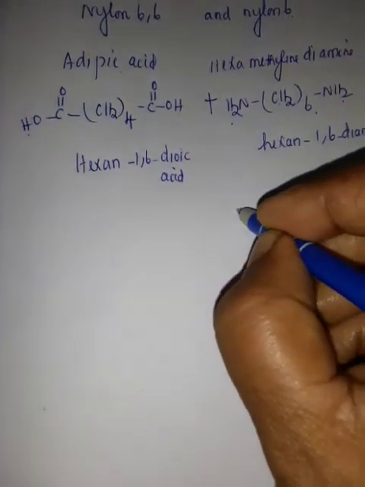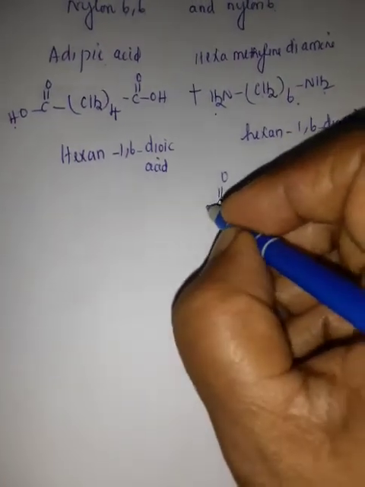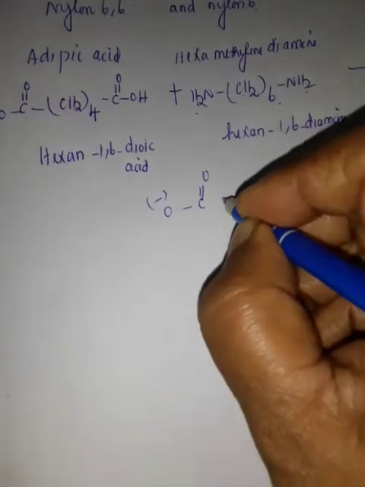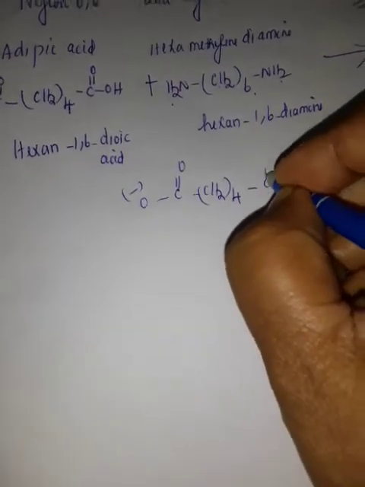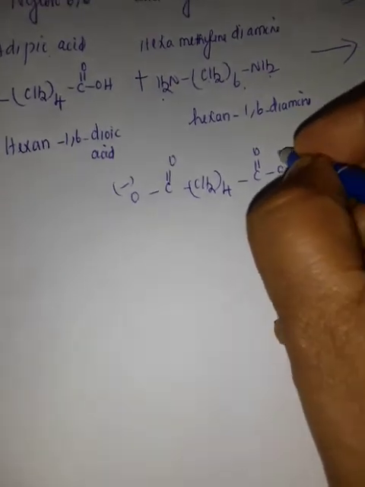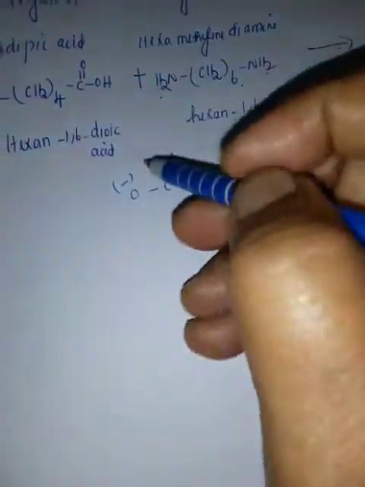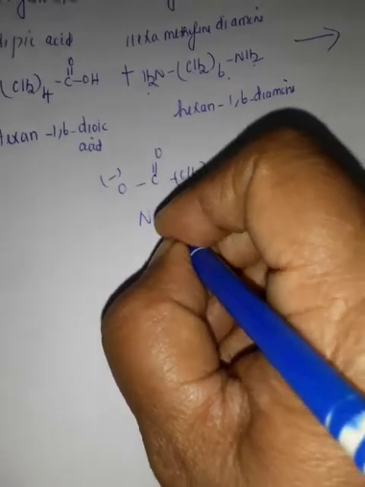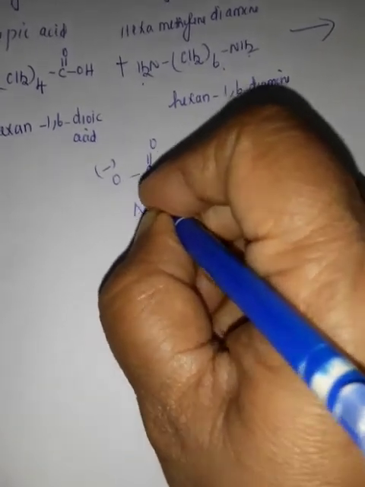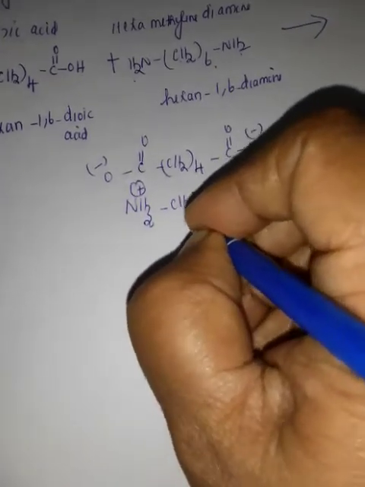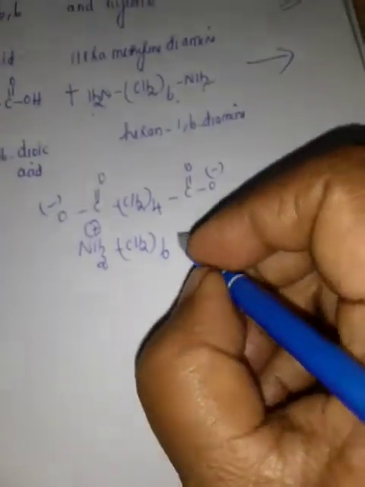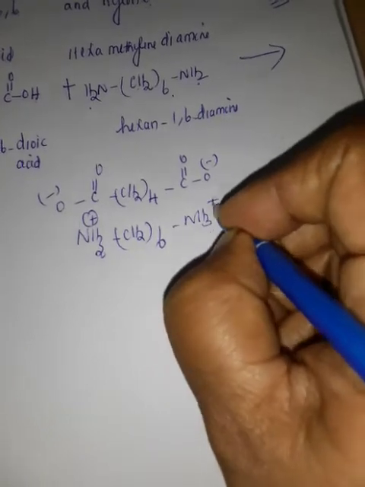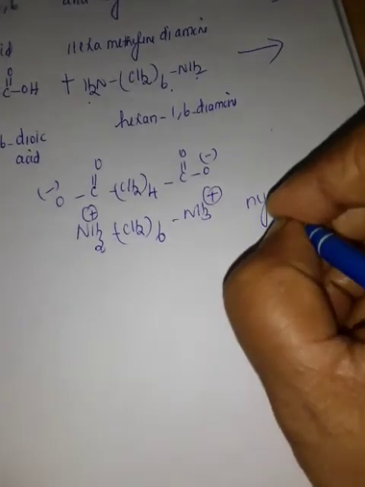Leaving this hydrogen and this hydrogen, we have C double bond O minus, CH2 4 times, C double bond O minus, and since this hydrogen joins here, getting a positive sign, NH3 plus, CH2 6 times, and NH3 plus. This is nylon salt.